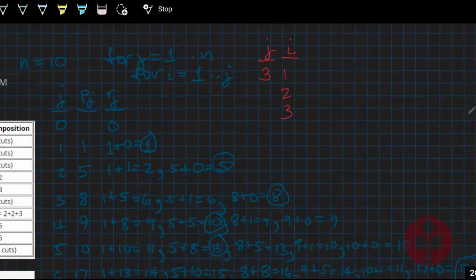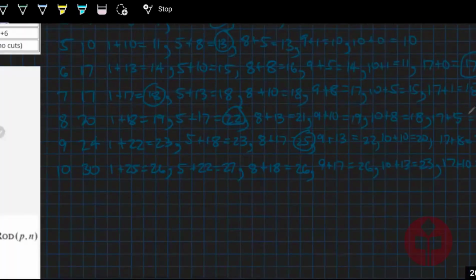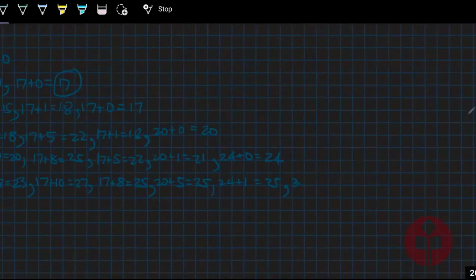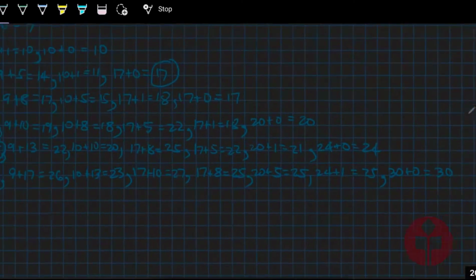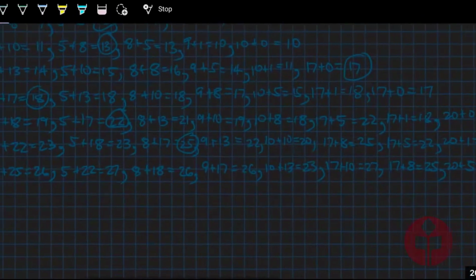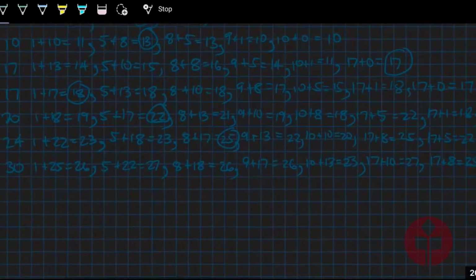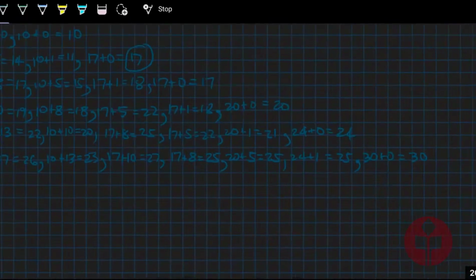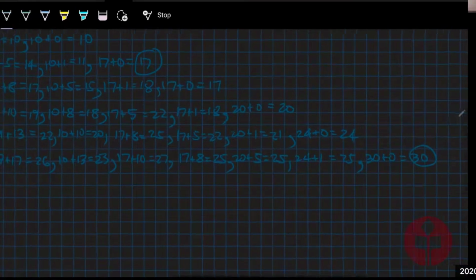That's no cuts. 30 plus 0 is 30. So again, scanning these values from left to right, starting with the very first sum to the last sum, it appears that the maximum is the 30.